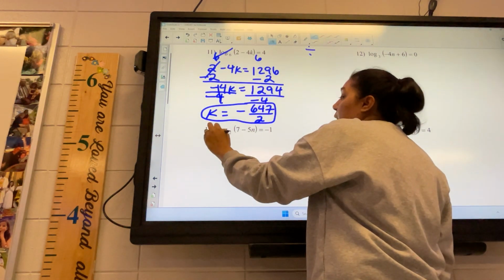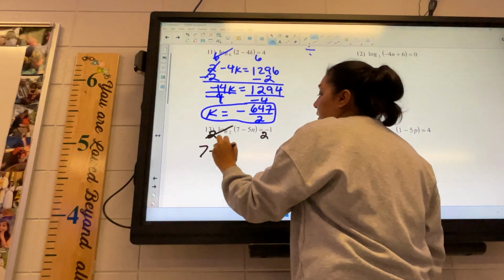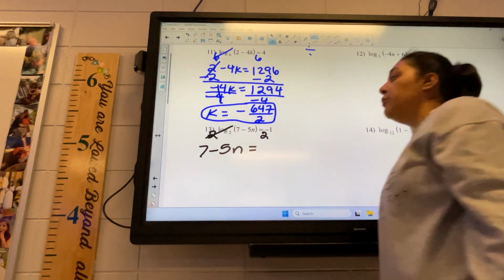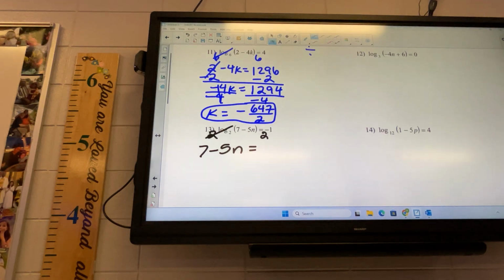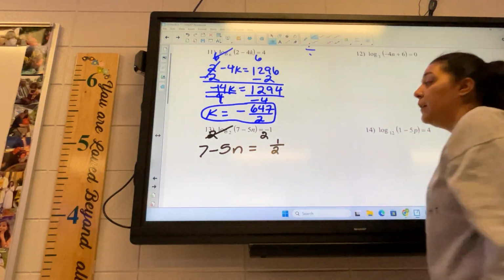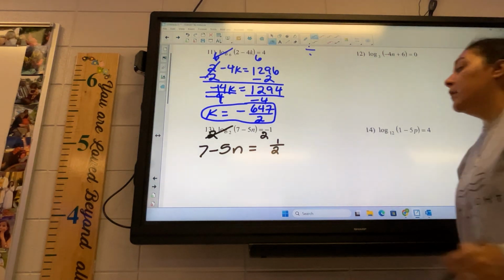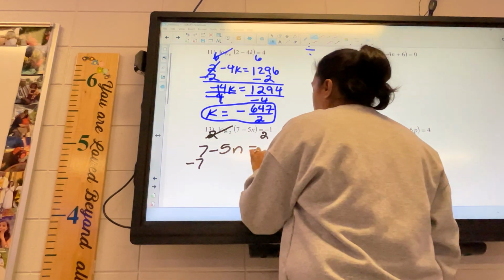Okay, 13, we're going to raise both sides to the 2. So we got 7 minus 5n, and what is 2 to the negative 1 power? 1 over 2? Yes. Okay, minus 7. Negative 13 over 2.